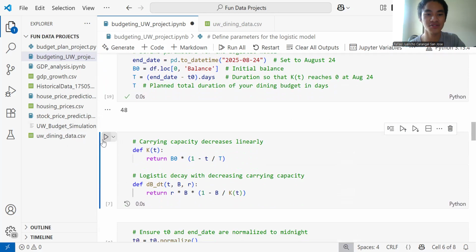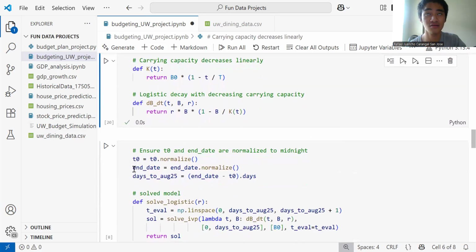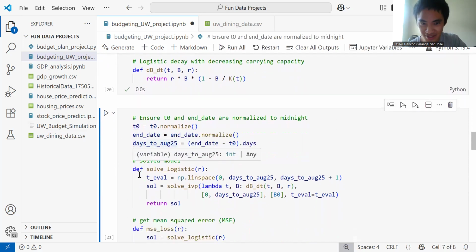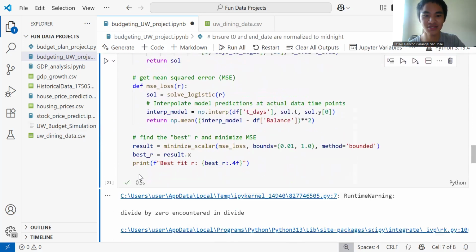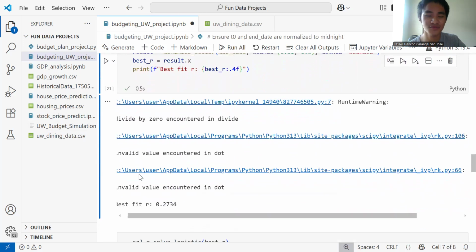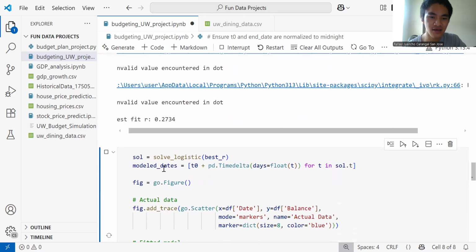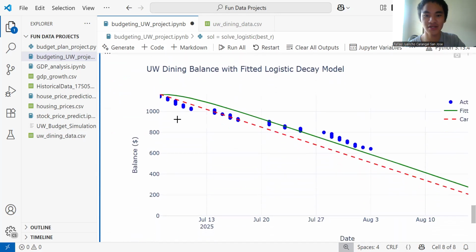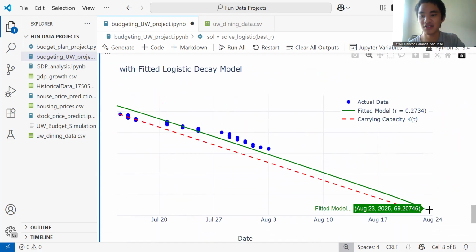Now it's back to where it was from July 7. I can't do math. July 7 plus 48 days is August 24? Okay. And here, if I look at my model again from its original, it's back to 69 and 24, right?